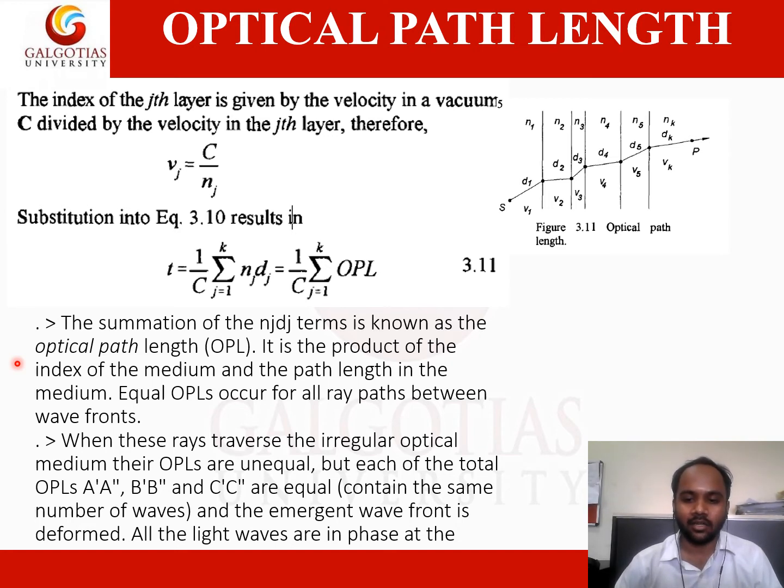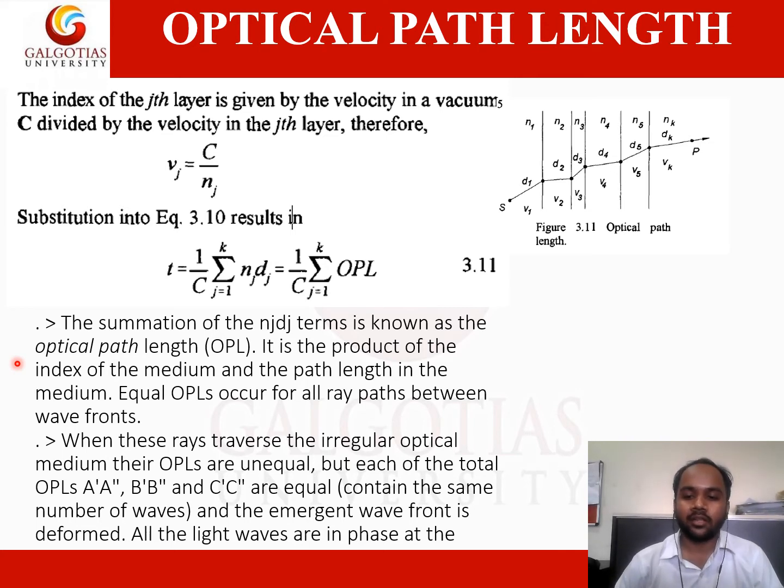So because of different refractive indices, the light propagation can be different, and the overall distance from point D1 to D10 will be different, and the time taken will be different.